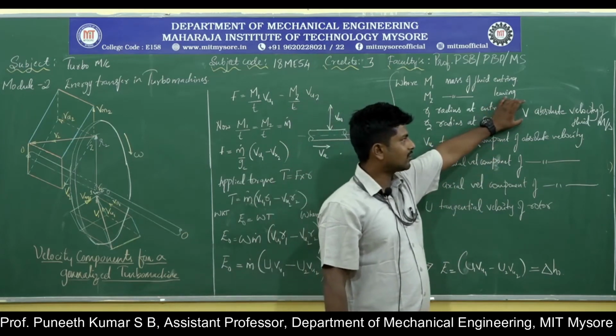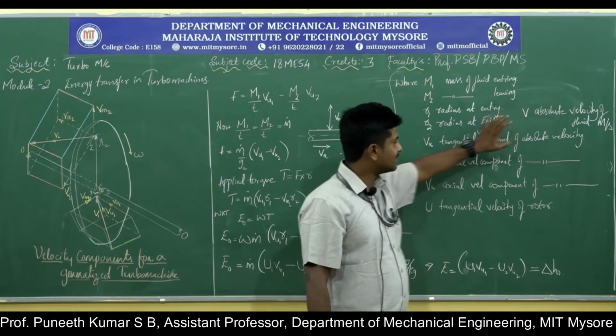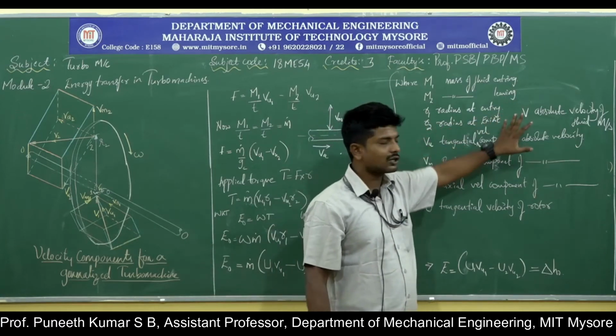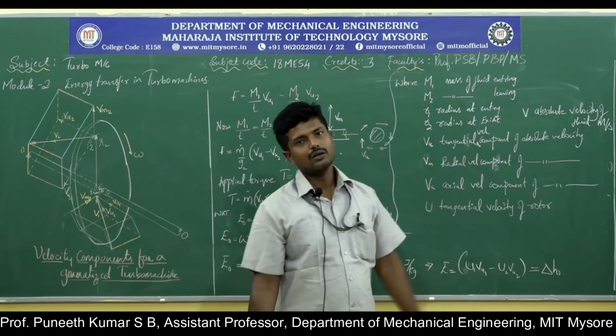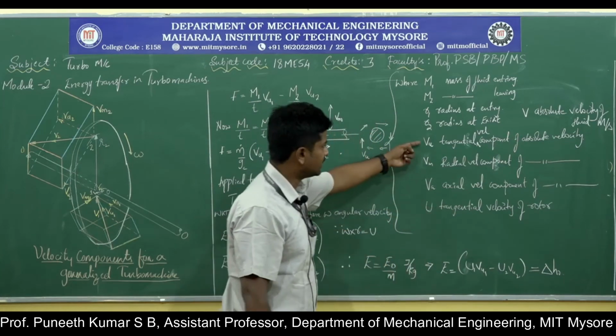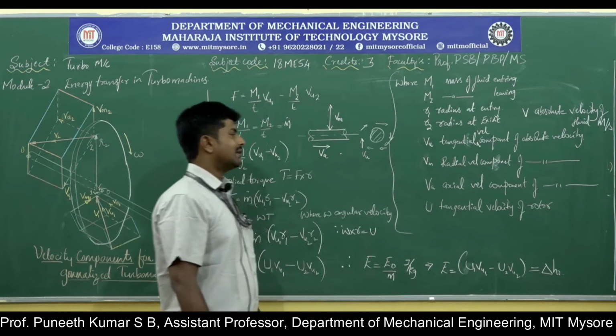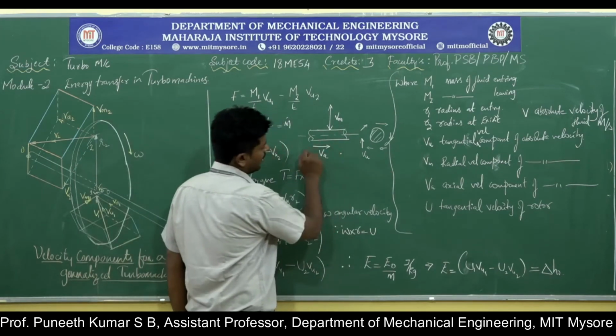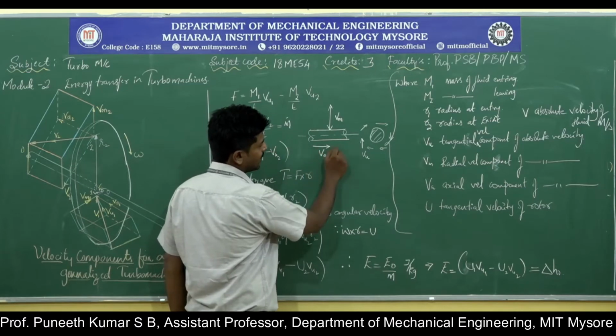So, V is the mother component, whereas these three directional components are the resolving of the mother component. We will get the individual directional components. So, we came to know how to find the axial direction.